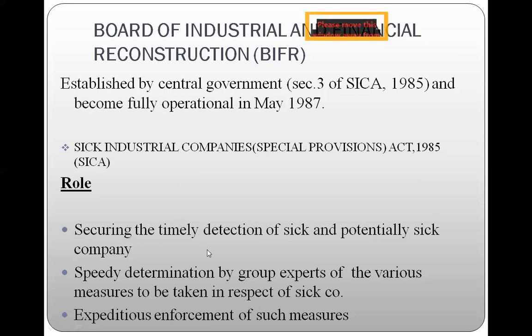It secures timely detection of sick and potentially sick companies, speedy determination by a group of experts of the various measures to be taken in respect of the sick companies, and expeditious enforcement of such measures. So they detect which industry is sick, which is to be closed, what proper measures are to be taken, and what kind of action is to be taken for these sick companies. That's all for this.